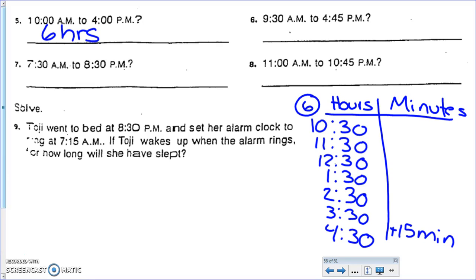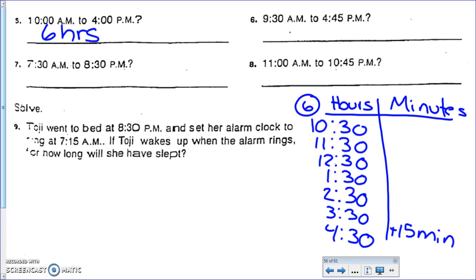The way this helps you keep track of your hours is now we can go back and count each of the hours we wrote down, and that will tell us how many hours from 9:30 to 4:30. So we have 10:30, so that's 1, 11:30 is 2, 12:30 is 3, 1:30 is 4, 2:30 is 5, 3:30 is 6, and 4:30 is 7.